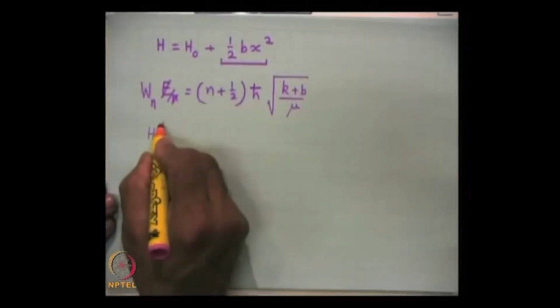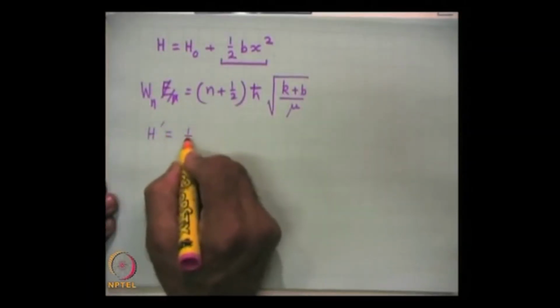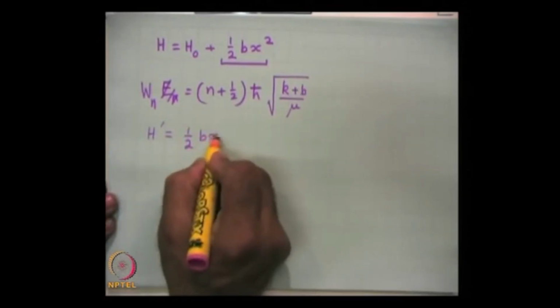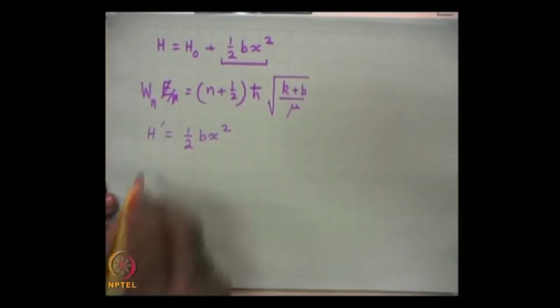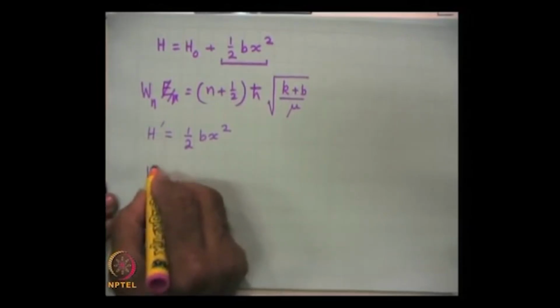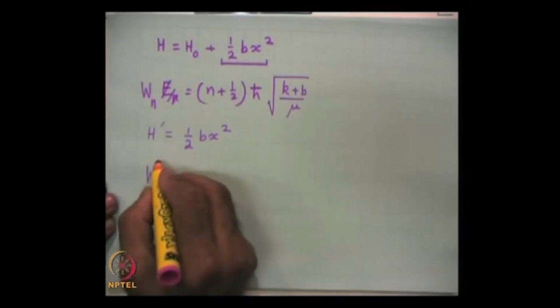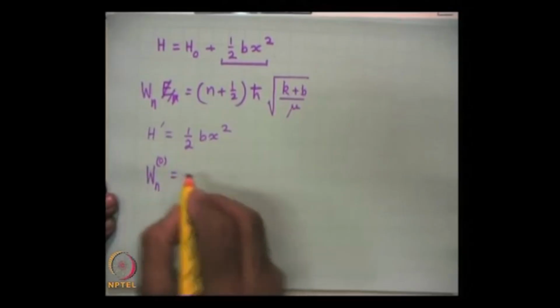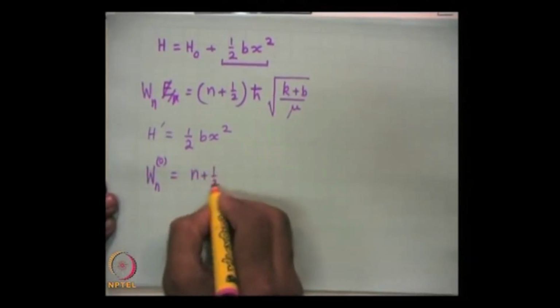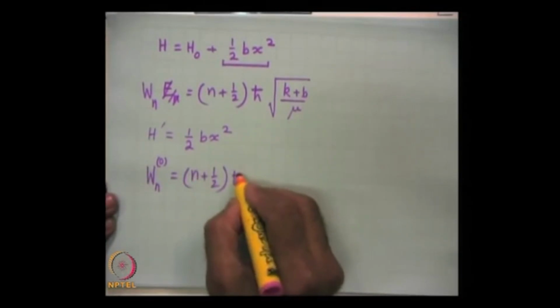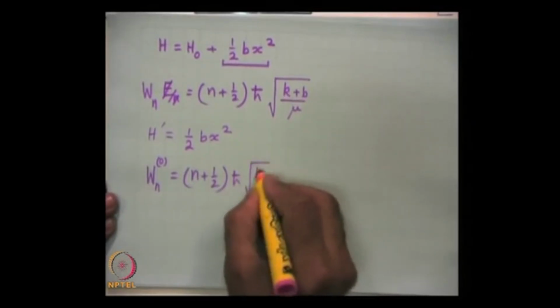So, we have H prime is now half B x square, and the perturbation, that is W n. Of course, W n 0 is equal to n plus half h cross omega, that is under root of k by mu.